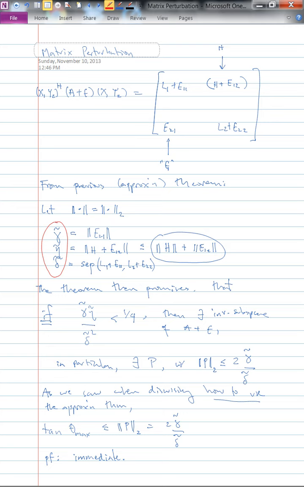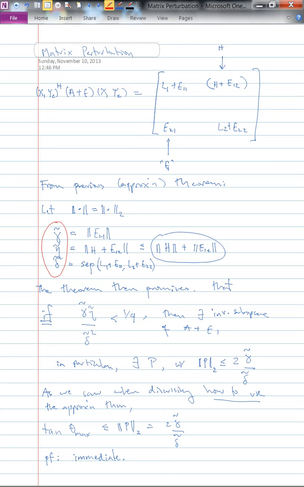Because typically when you're thinking about perturbation, you only have a guarantee on the size of the perturbation. It would lead to much more specific theorems if our theorems depended on specific structure of E.